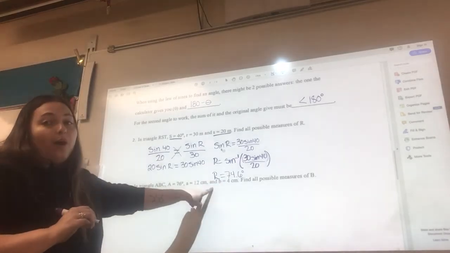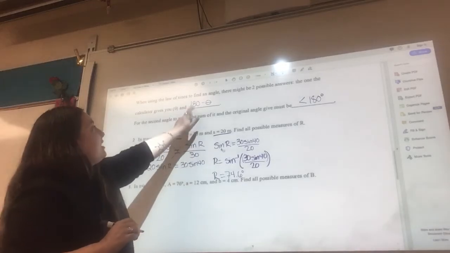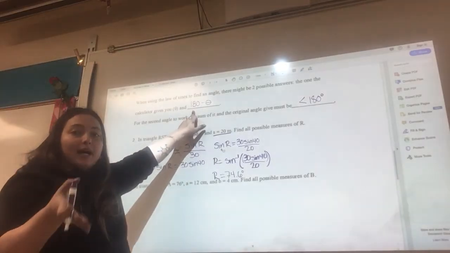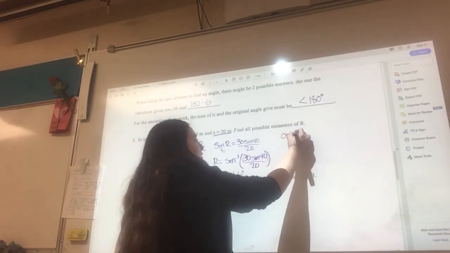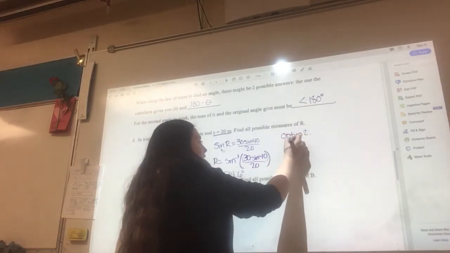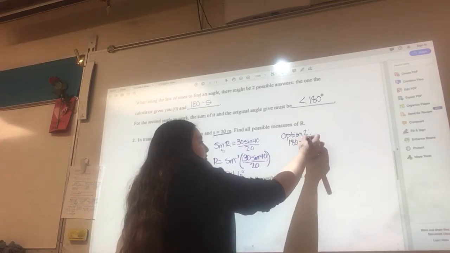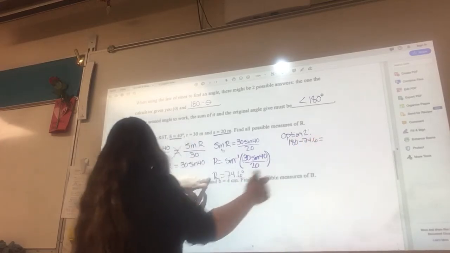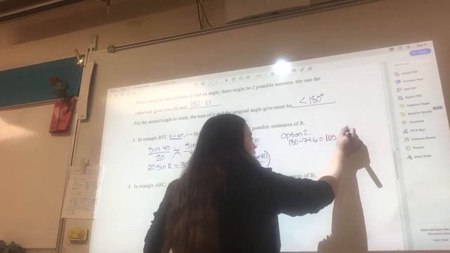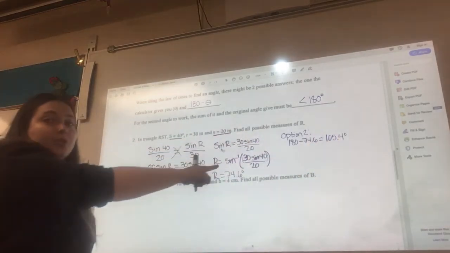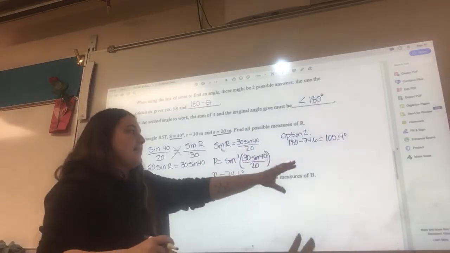This is option 1. Option 2 says I need to do 180 minus theta. So option 2 is 180 minus 74.6, which equals 105.4. That is a second option, so we need to check it.